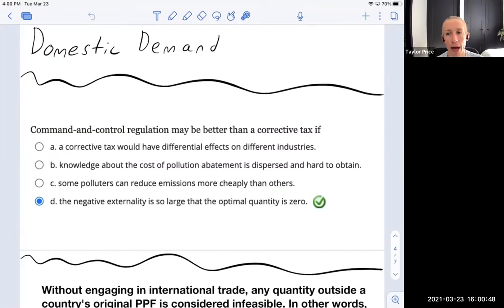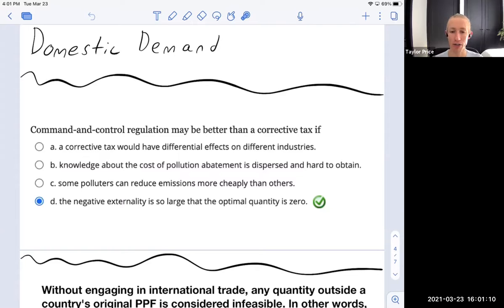Okay, this was a question from the chapter 10 pre-lecture quiz. This question was basically asking, command and control regulation may be better than a corrective tax if... usually the only scenario where that's true is if the negative externality is so large that the optimal quantity is 0.